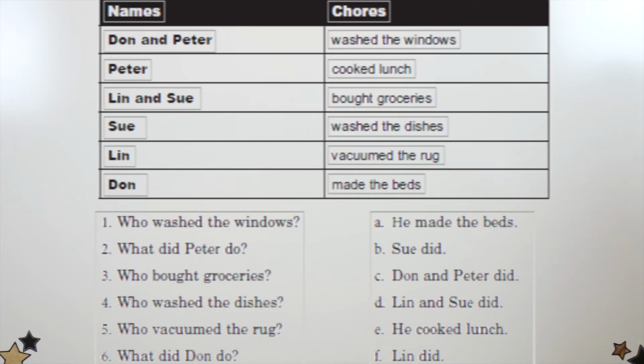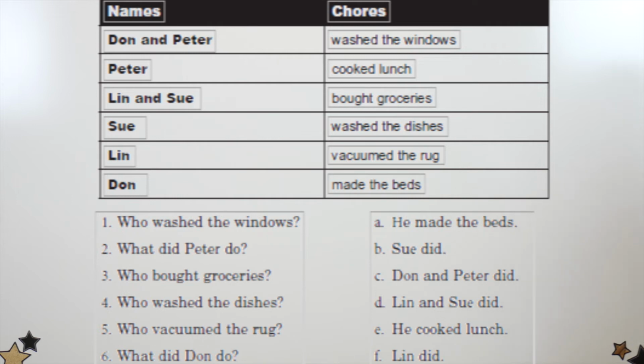Let's go ahead and practice writing some sentences using that structure. So here you see a chart. The chart has the names of the people in the house and what chores they did. Remember that the word chores is an activity or a verb that describes something you do around the house.